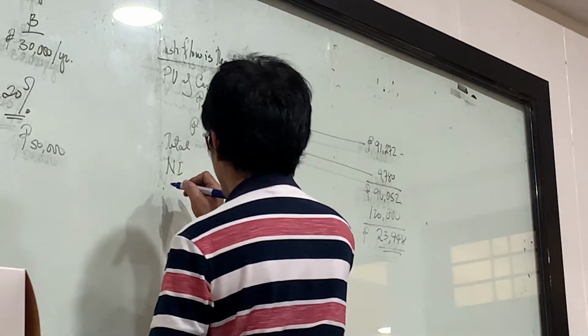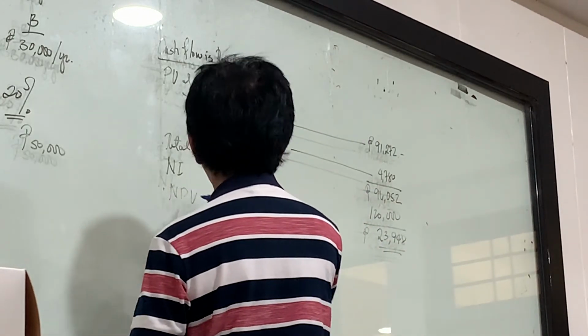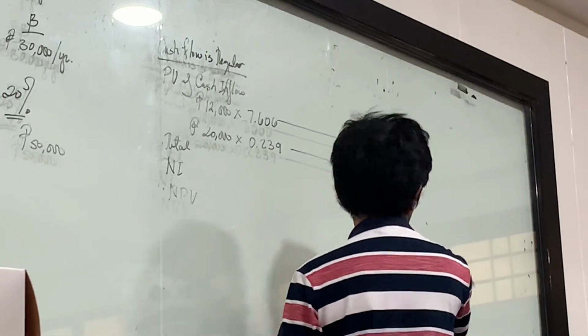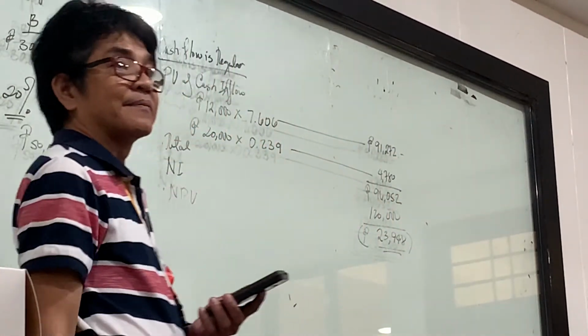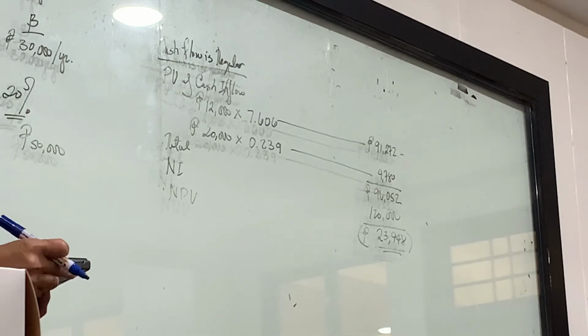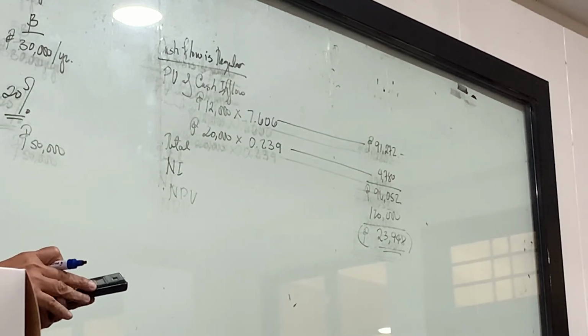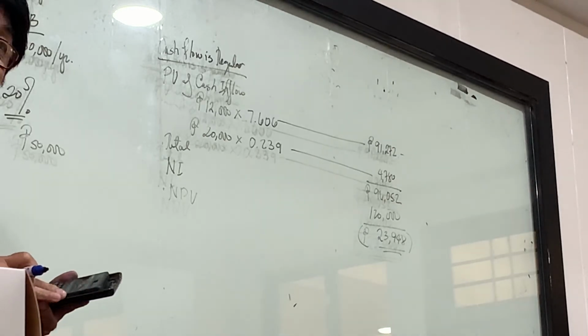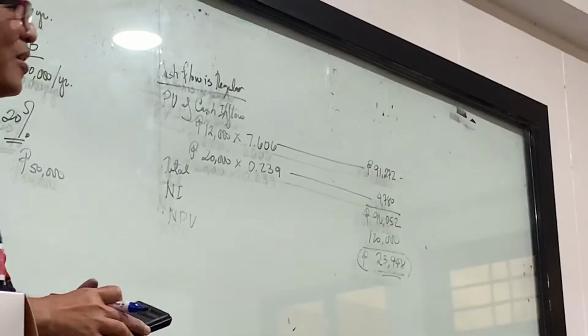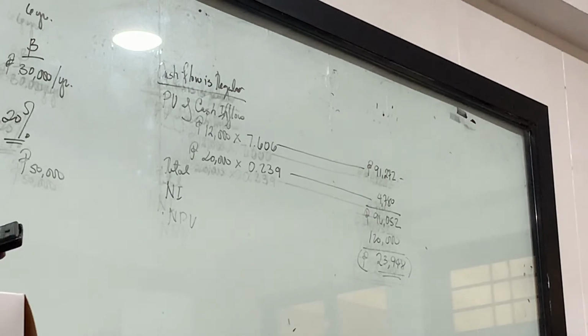This is your net present value, negative. Okay? Claro? Yes. Okay. Let's move on to Project B.